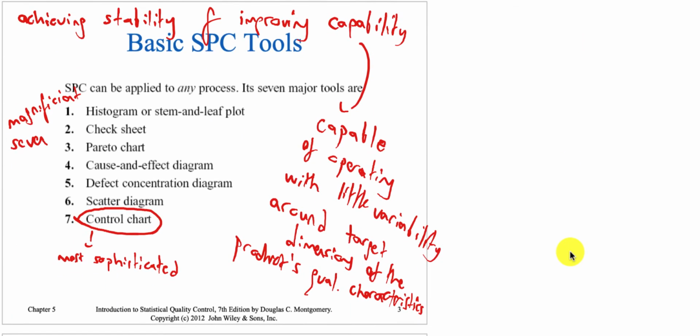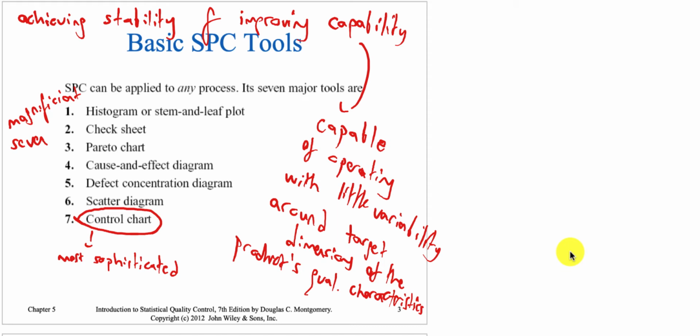Here in this chapter, we are going to go through the basic statistical process control tools. These tools comprise 7 techniques. One is the histogram, or it can be a stem and leaf plot. We are not going to talk about this technique and graphical visual aid.